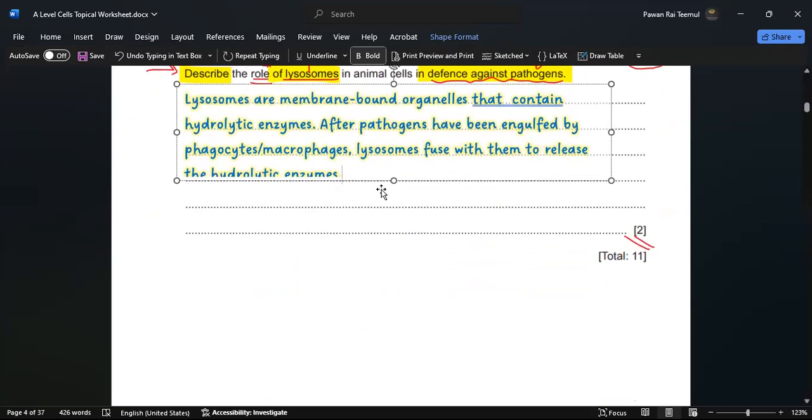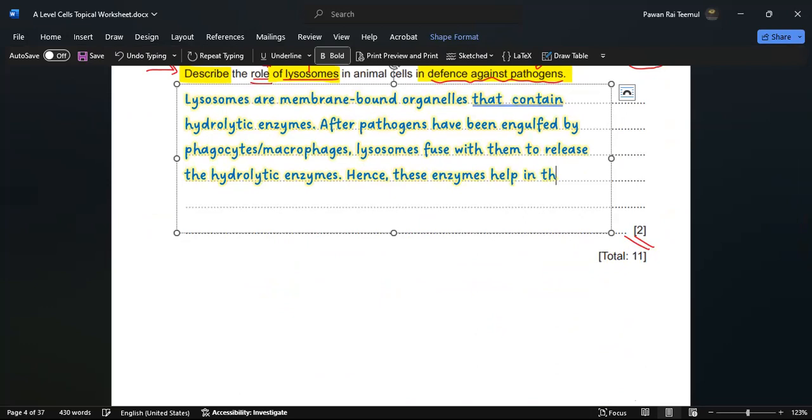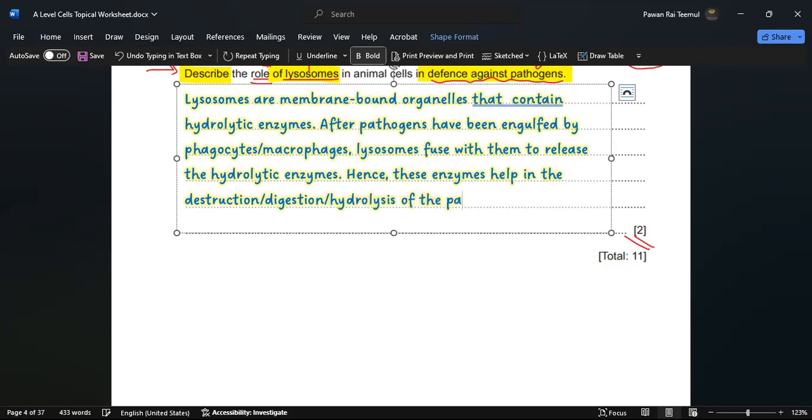Full stop. Hence, these enzymes help in the destruction, or digestion, or hydrolysis of the pathogens. Full stop.